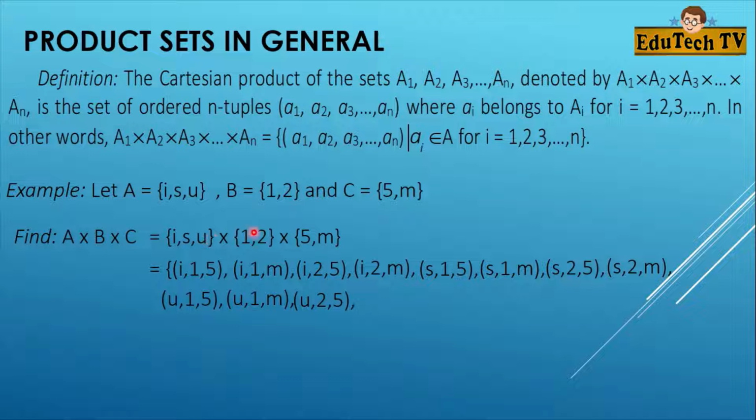Lastly, we have U 2 M. Okay, so this is the product of the three sets. Now find for B, C, and A.